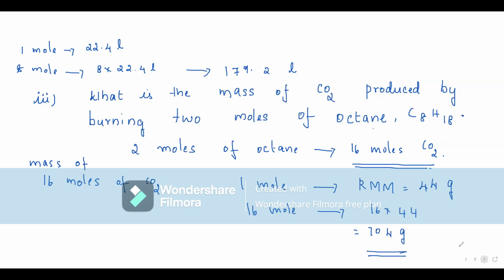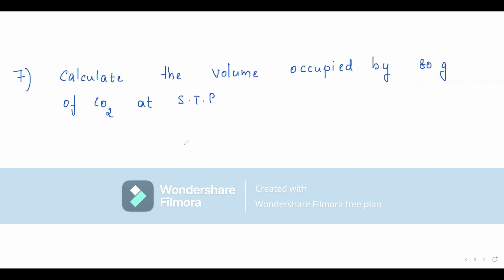Okay, moving on. Calculate the volume occupied by 80 grams of carbon dioxide. Carbon dioxide's RMM is 12 plus 32, which is 44.